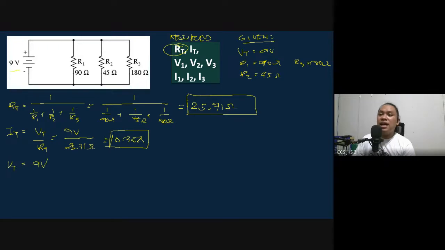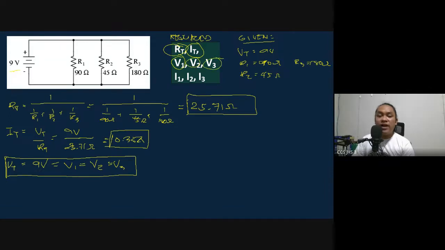This is given, and it is equal to V sub 1, V sub 2, and V sub 3. So you already have your individual voltages. Now we will solve for the values of our individual currents.